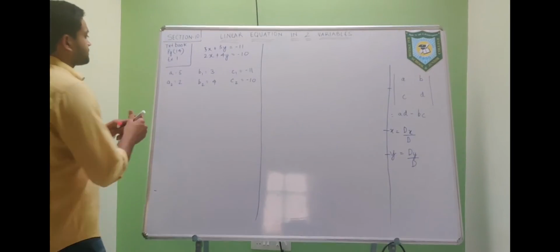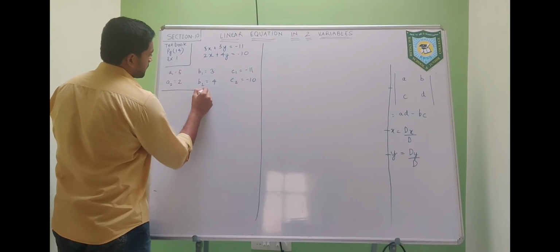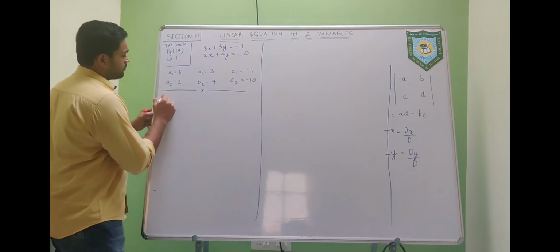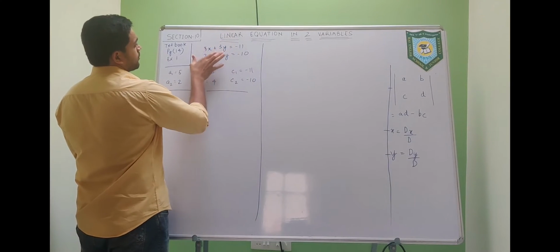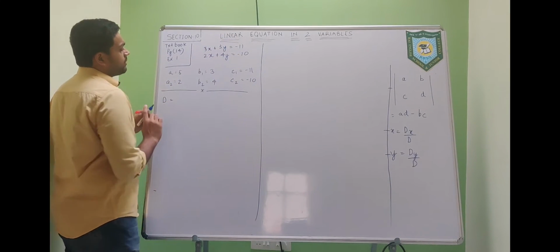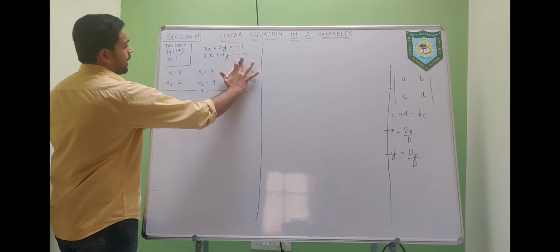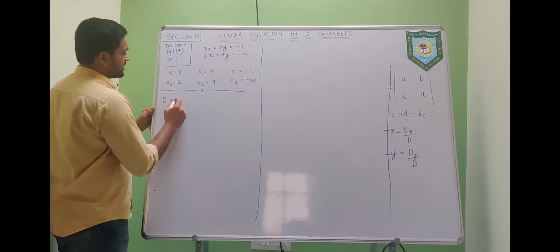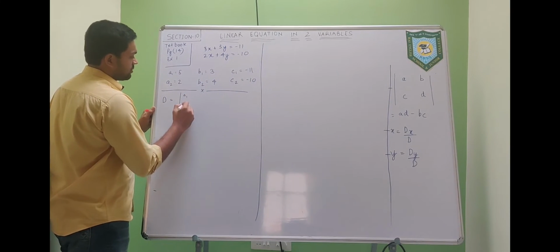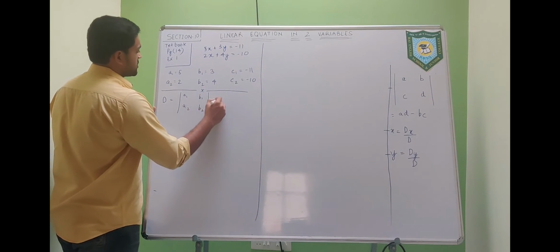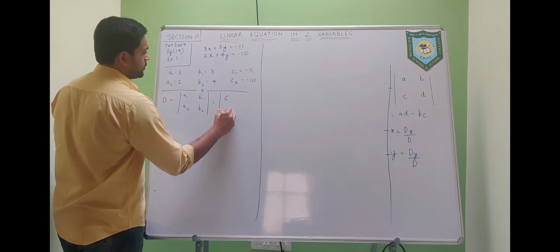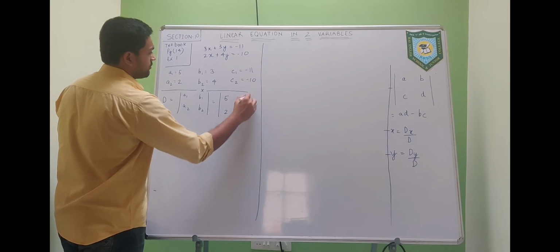Now again, first we need to calculate the value for D. So for D, I am going to hide this and use the coefficients from A1, A2, B1, B2. I need to hide the values for C1 and C2. So this is A1, A2, B1, B2, which is 5, 2, 3, 4.